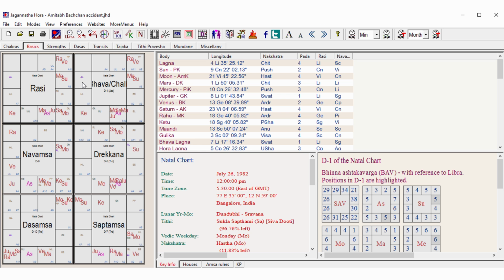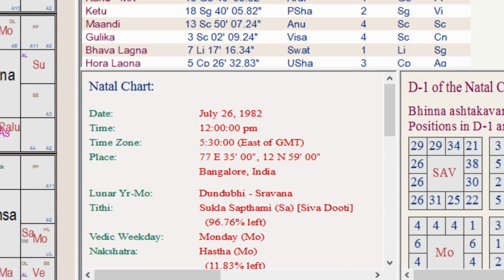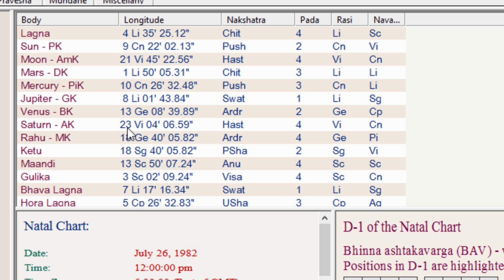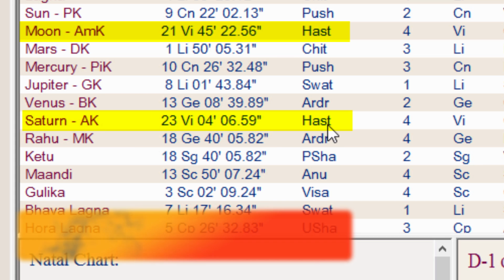Now let's go back to the date of the accident, and you find Saturn is very close to this point, 23 degrees Virgo, and the moon is also at 21 degrees Virgo. It is in that zone which is ruled by the moon, because moon is in Hasta Nakshatra, which is ruled by the moon, and Saturn is in Hasta Nakshatra, which is ruled by the moon.